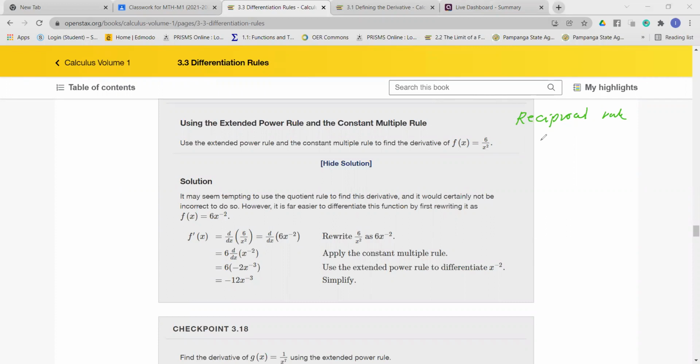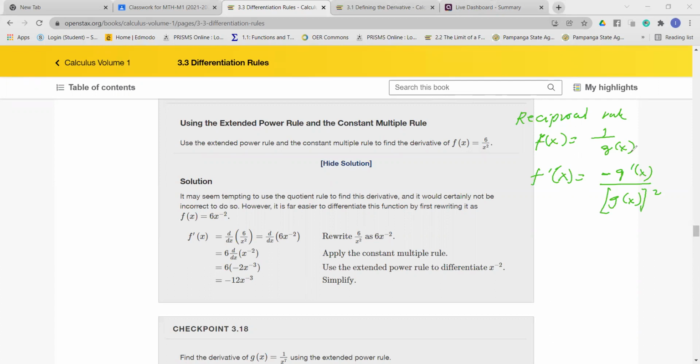If f of x is equal to 1 over g of x, then f prime of x will just be equal to, you square your denominator, like in division, and then the negative of the derivative of your denominator, g prime of x.